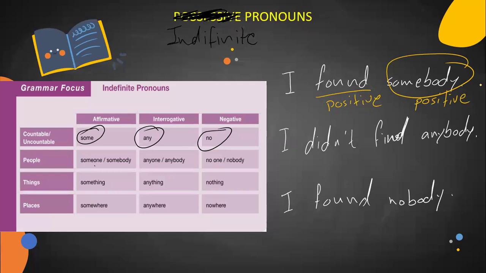Now, what about the second one, any? I didn't find anybody. It's a negative sentence. The word didn't is negative, and the meaning of the sentence in general is negative.